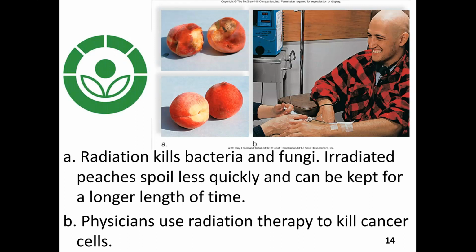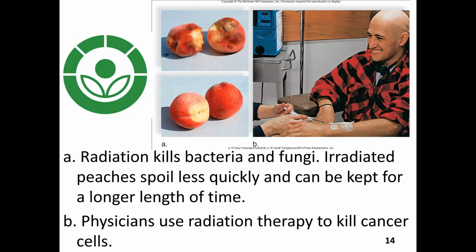We use radiation in the medical field to kill off cells that are potentially dangerous, like cancer cells. But we also use radiation in the food industry to kill fungi or bacteria that are spoilage forms in a process known as irradiation. This allows us to keep foods for a longer period.